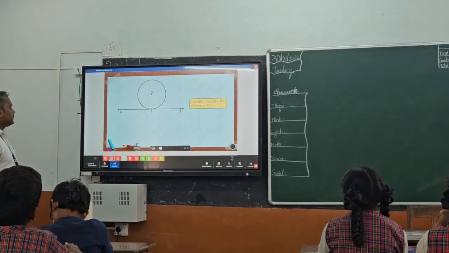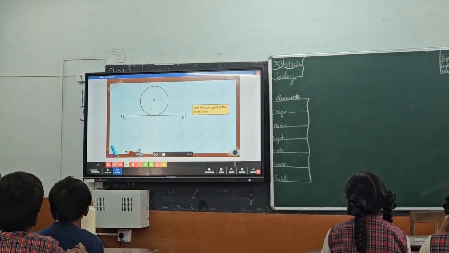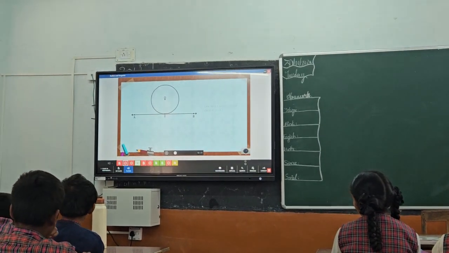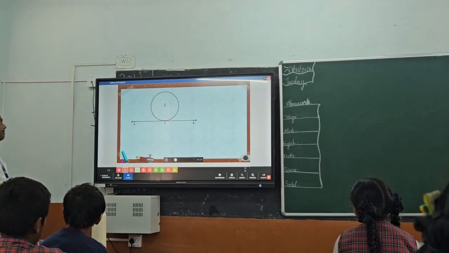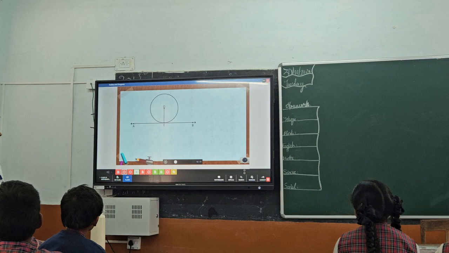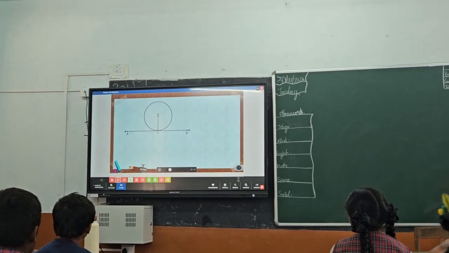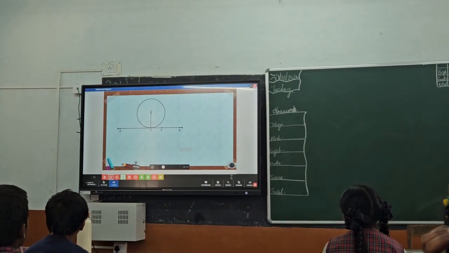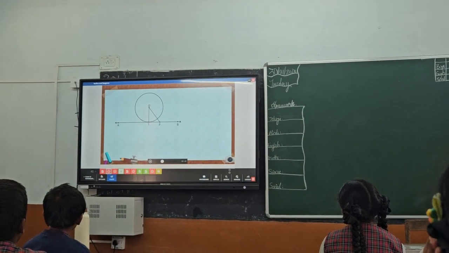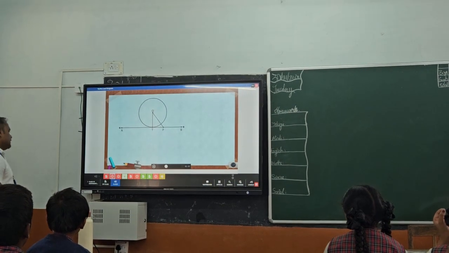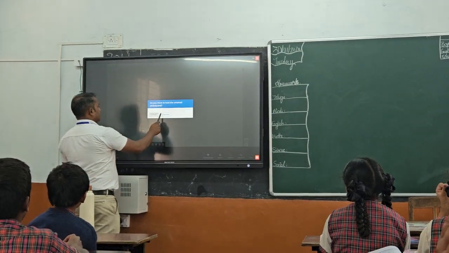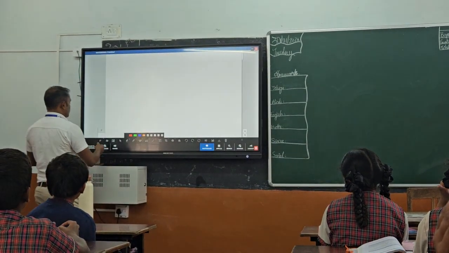In this figure, line AB is a tangent to the circle at point T. Now, let's draw segment OT joining the point of contact and the center of the circle. Next, let's take another point P on the line AB and join points O and P. As point P lies outside. This is about a tangent.